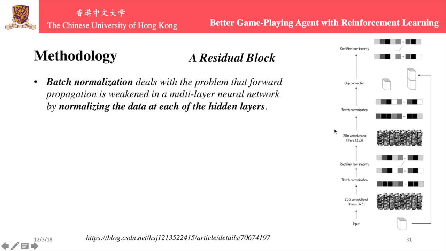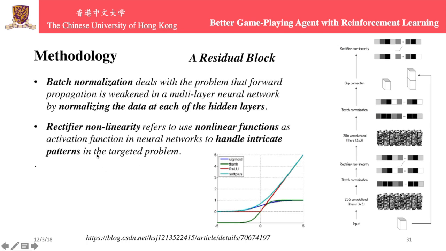We actually go through batch normalization and rectifier nonlinearity, and I will explain them in detail here. Batch normalization aims at dealing with the problem that forward propagation is weakened in a multi-layer neural network. It tackles this problem by normalizing the data at each of the hidden layers. Rectifier nonlinearity refers to using a nonlinear function as the activation function in the neural network.